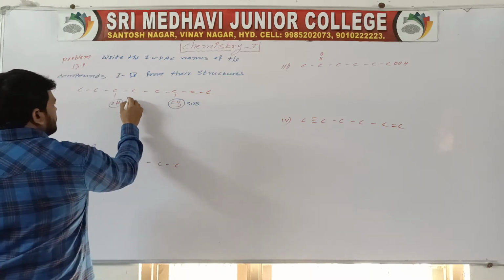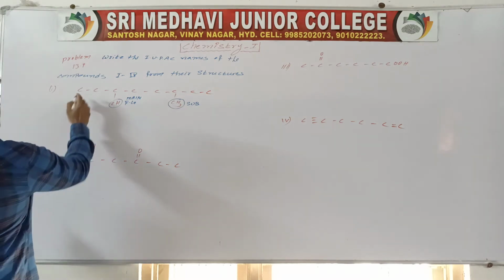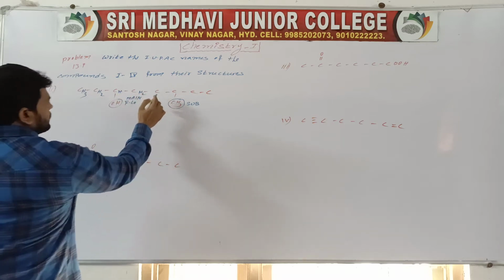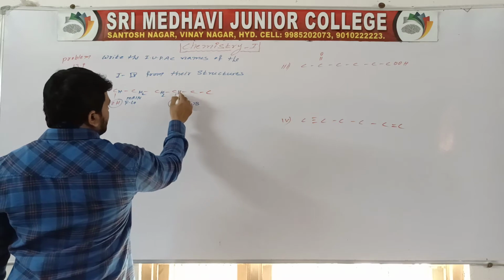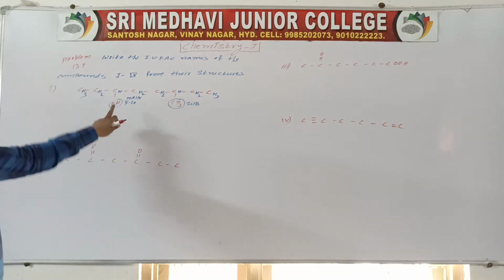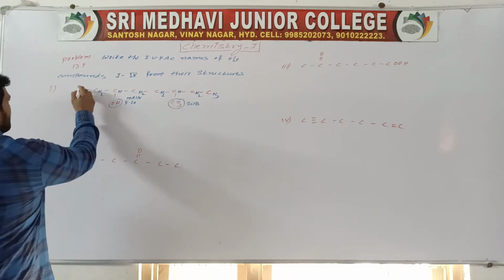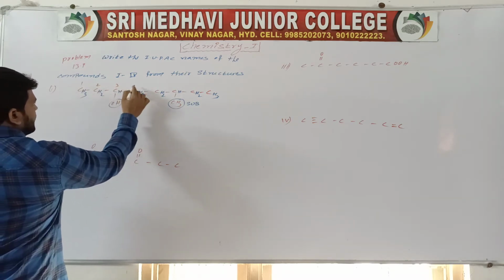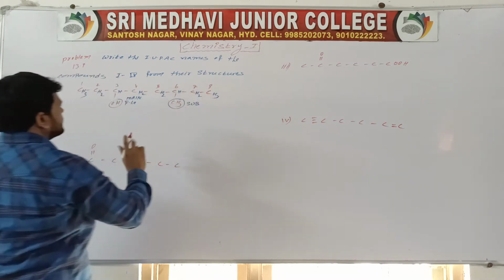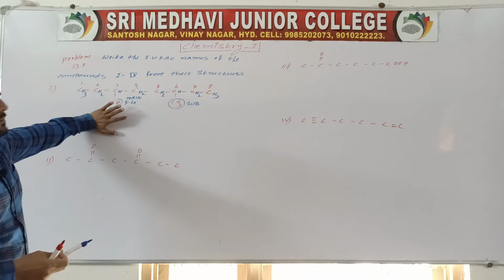The chain is CH3, CH2, CH, CH2, CH2, with a terminal CH3. While numbering, the main functional group must get the least number, so number 1 2 3 4 5 6 7 and 8 this way, because the functional group must possess the least number.